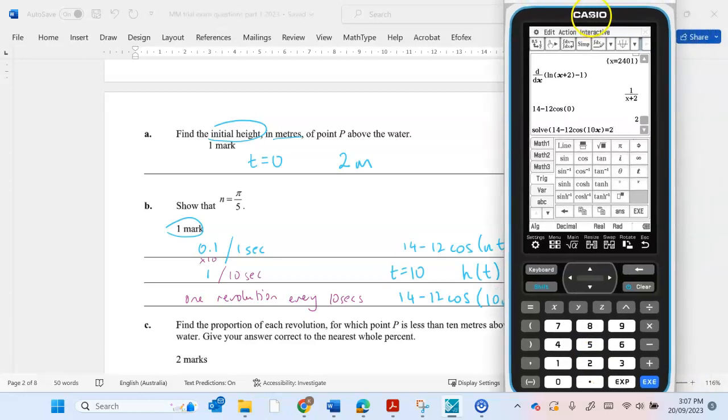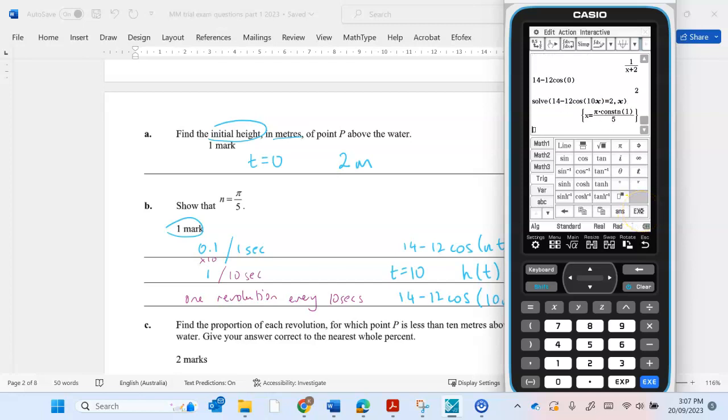Now, I'm going to show you what might happen if we don't restrict that domain. We're going to have a general solution, and it's also in decimals. So I'm going to change it to standard, just because I prefer an exact value. We need to see that it's pi on 5.